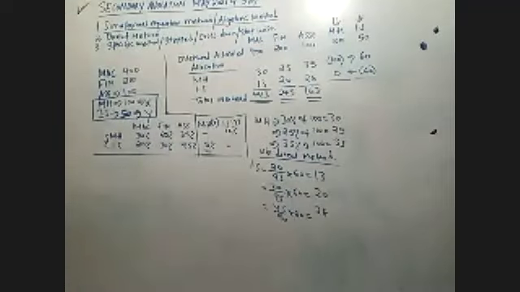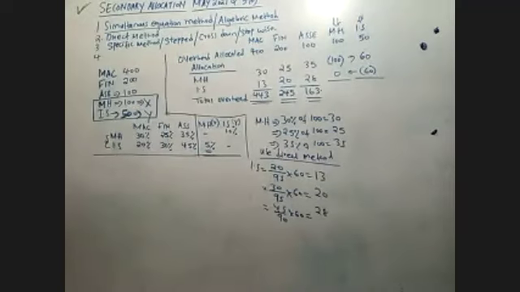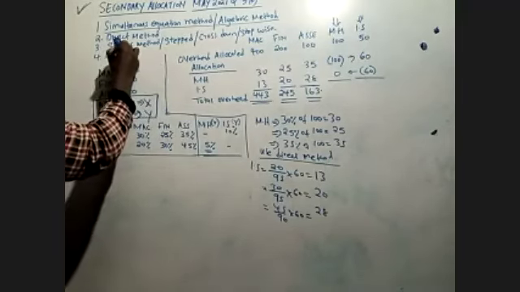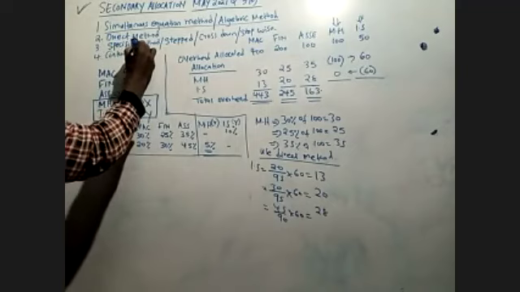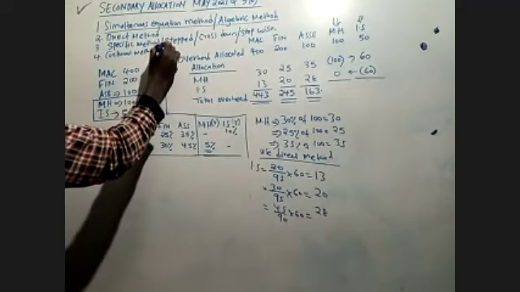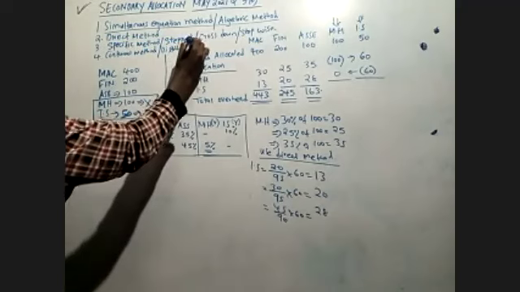the specific method. Now tufanya mwisho, and this one will be the end of our secondary method. The other one is called continuous method. Ama inaitwa pia continuous of distribution. Distribution method.